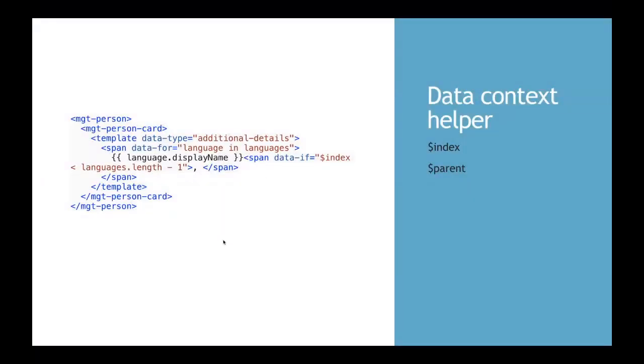For example, I wanted to do an if-else type of thing for all the languages that I got from the additional details of the person that I got from the Graph. If there's more than 0, then I show it. If there's none, then I don't show it.